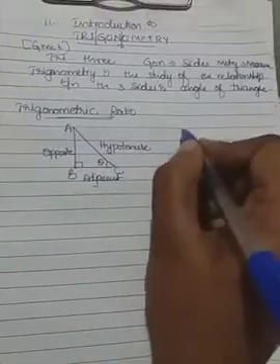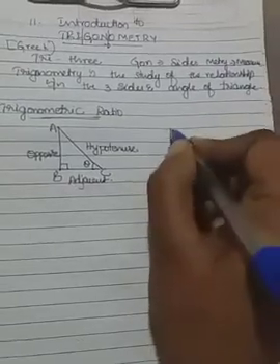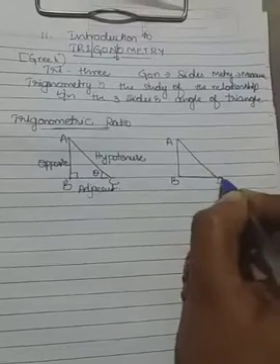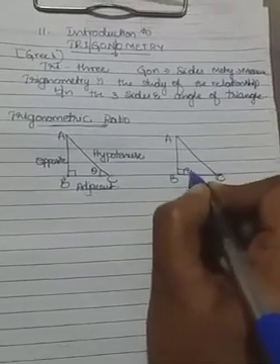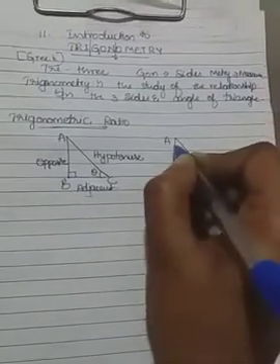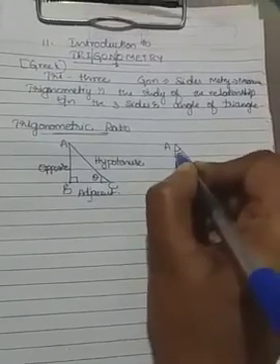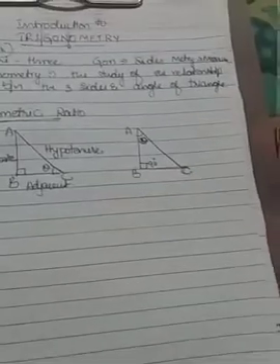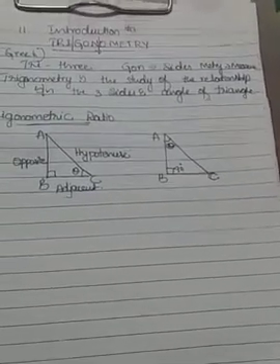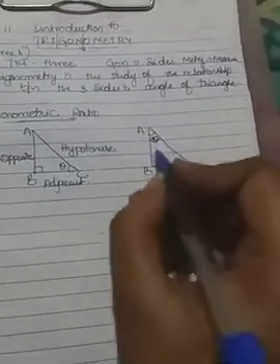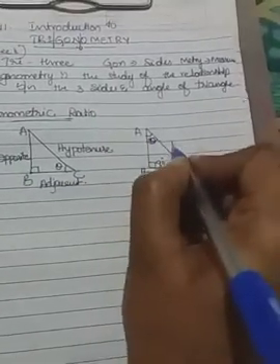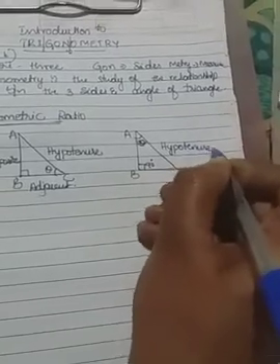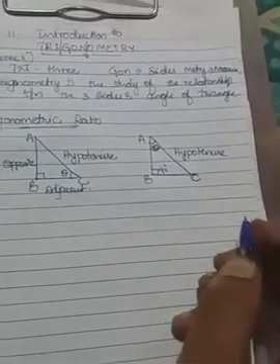This is also one of the triangles. Consider this is ABC. This angle should always be 90 degrees. Instead of C, if we take theta here, theta means the trigonometric angle. The hypotenuse is always this side. Based on theta, the opposite side will be decided.